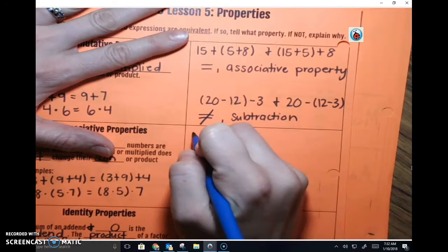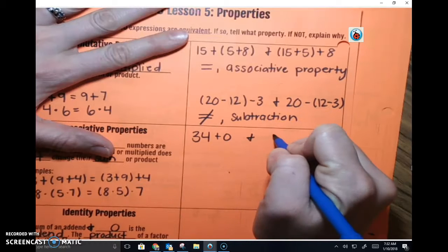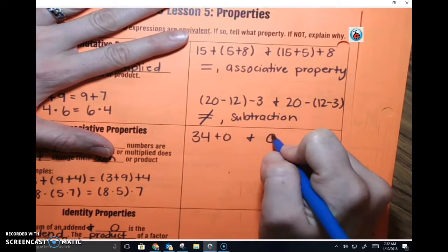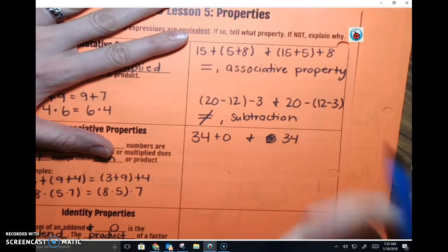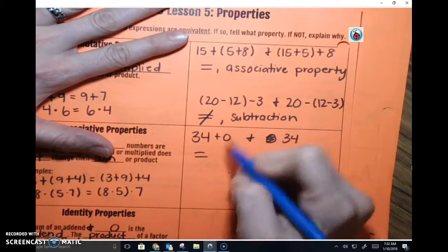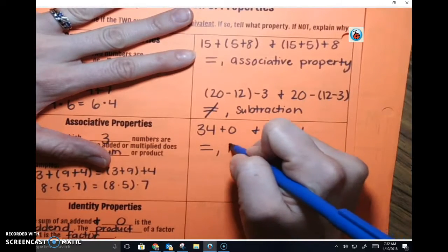Our next problem is going to be 34 plus 0 and 34. These are equivalent because they both equal 34, so they're equal. And the property that states that, if we look down here, it lines up with the identity property, so we're going to write identity property.